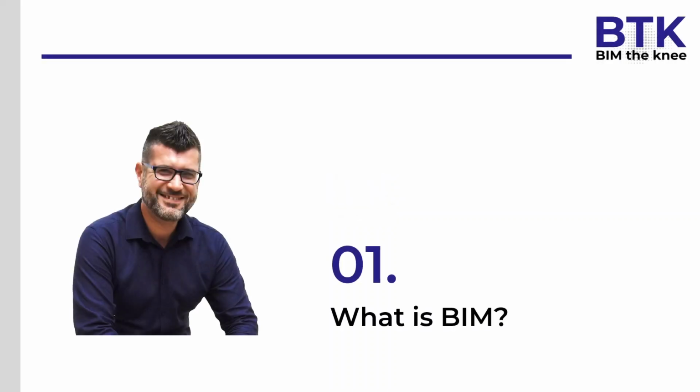So what is BIM? You will find many definitions depending on who is defining it or the country which this definition is coming from. But I am just going to quote two, the one in the PAS 1192-2 and the one in the new ISO 19650, which are the current standards in the UK.